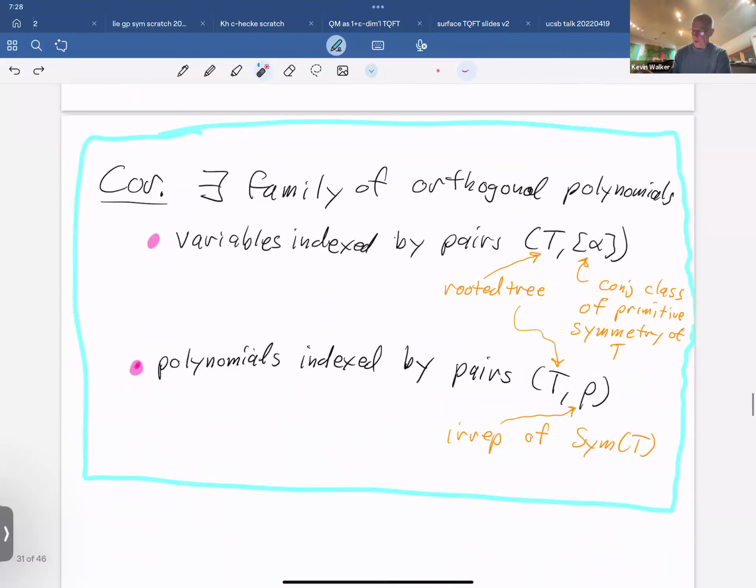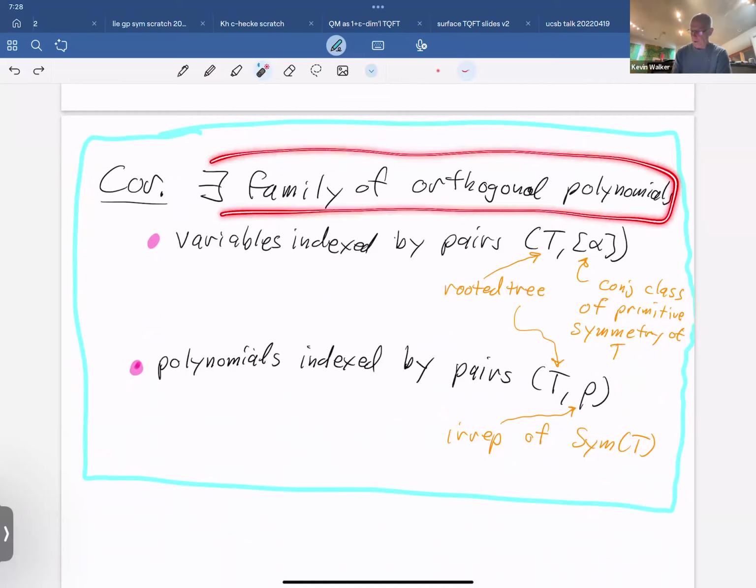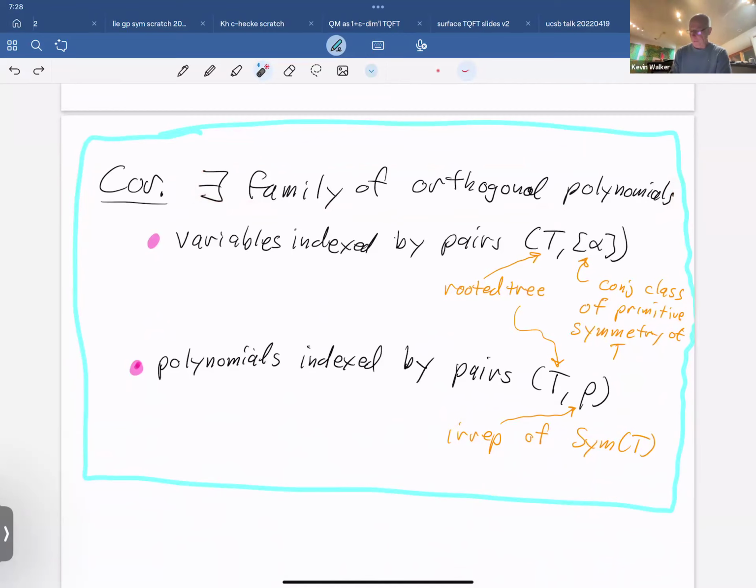Okay, and so then putting it all together, we have a family of orthogonal polynomials where the variables of the polynomials are indexed by pairs: rooted tree, comma, automorphism, and this is a conjugacy class of primitive automorphisms or symmetries of the tree. So that's how the variables are indexed.